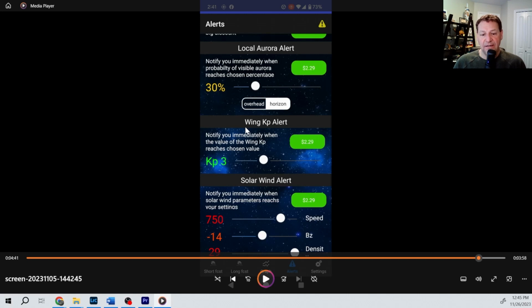It's definitely an 8 out of 10, and it's one that's on my phone. I tend not to use apps a whole lot. I usually just go straight to the NOAA websites or use Space Weather Live to get the hemispheric power. But yes, it's certainly a good, useful app. So that's Aurora Alerts.